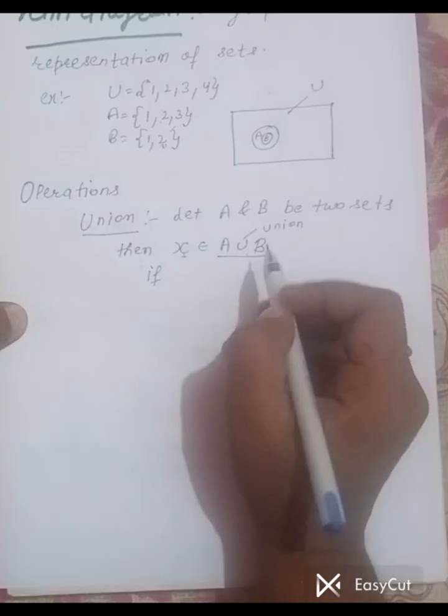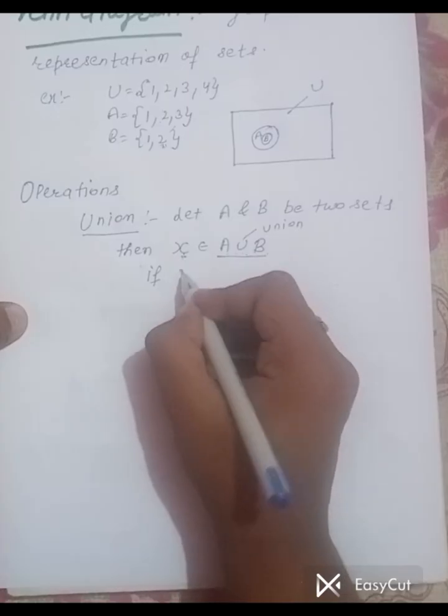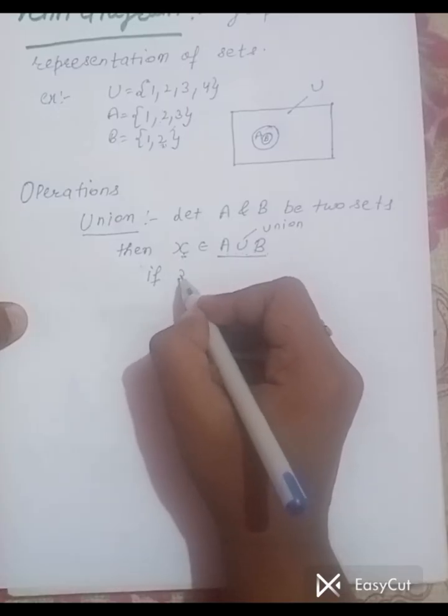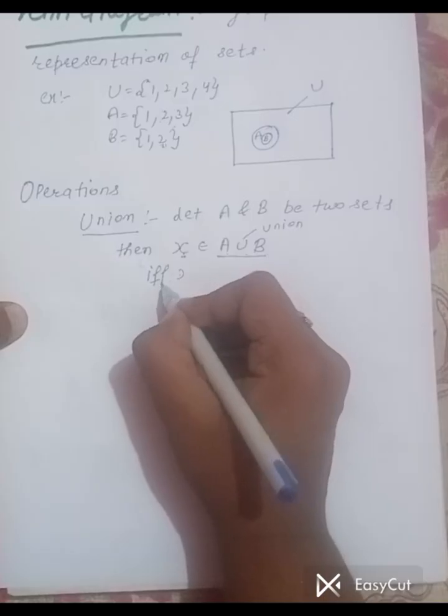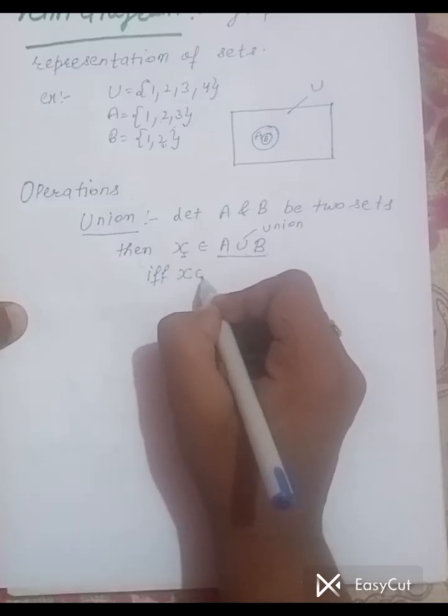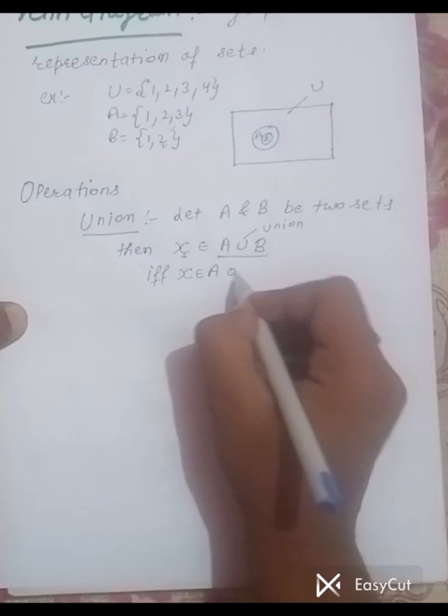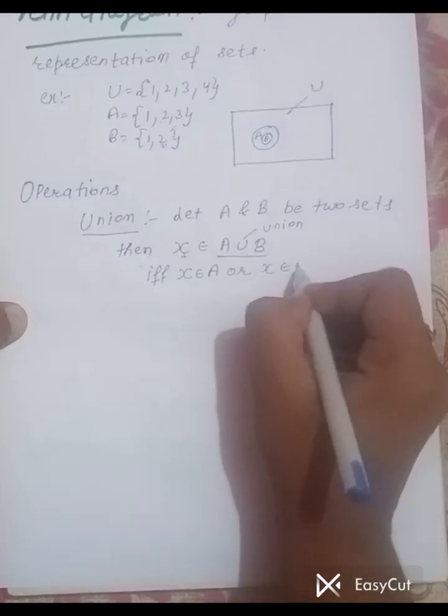The special property is that either X belongs to A or X belongs to B.